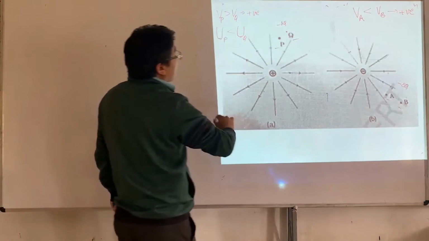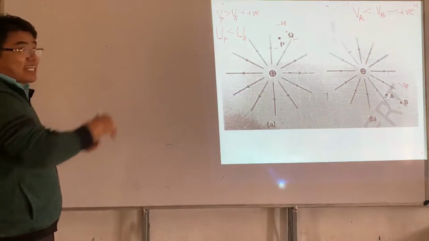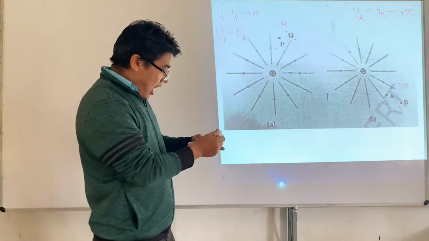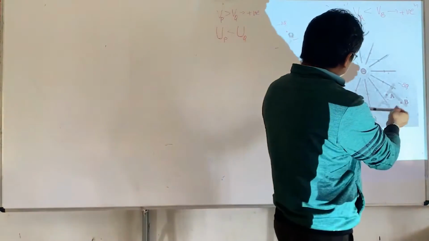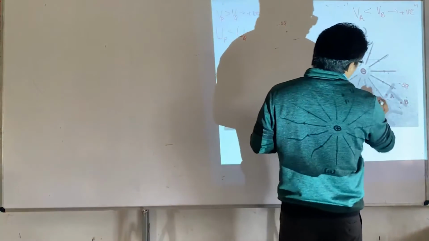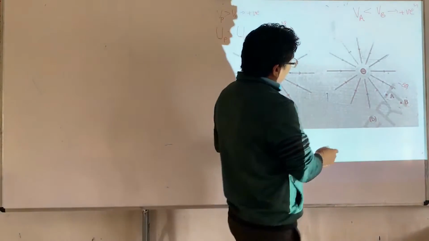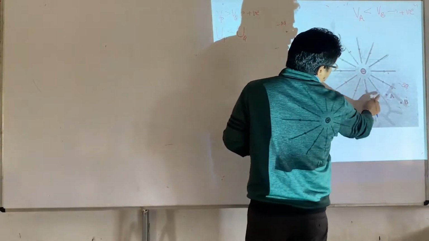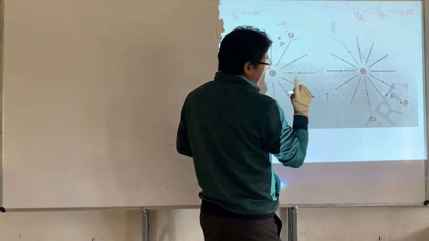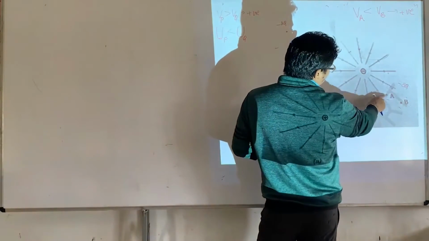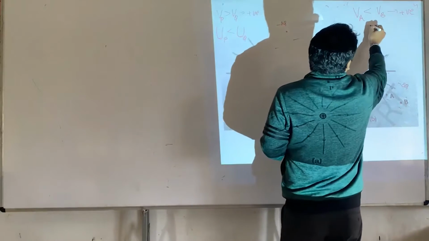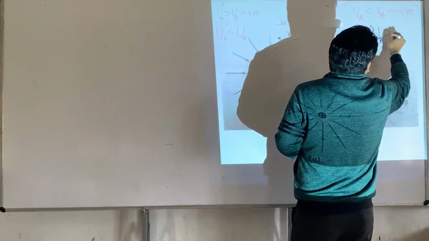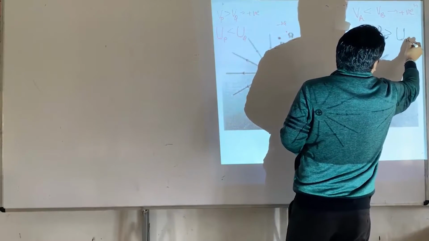Because this is attraction. If I bring a negative charge, there will be an attraction, because this is a positive charge. However, in this case, if I have a small negative charge, there will be a repulsion, right? Then more repulsion will occur at A than B. Again, I am repeating: more repulsion occurs at A than B. So therefore, the potential energy at A is more than the potential energy at B.